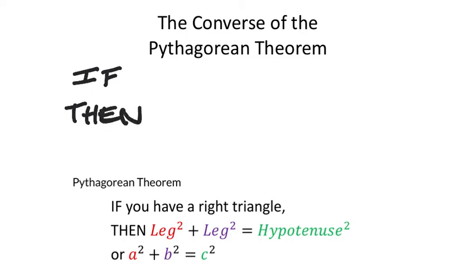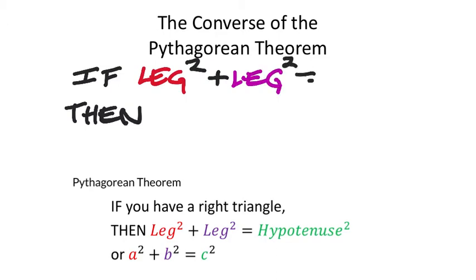If you found that a leg to the power of 2 and another leg to the power of 2, and you added those together, then as it turns out, you'd find it would equal the hypotenuse to the power of 2.